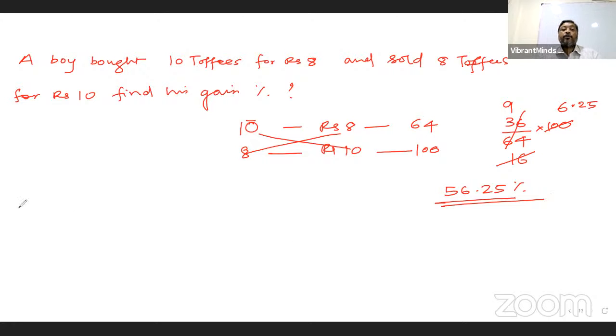Again, a very peculiar question is, a shopkeeper sells 2 phones for rupees 6,000.